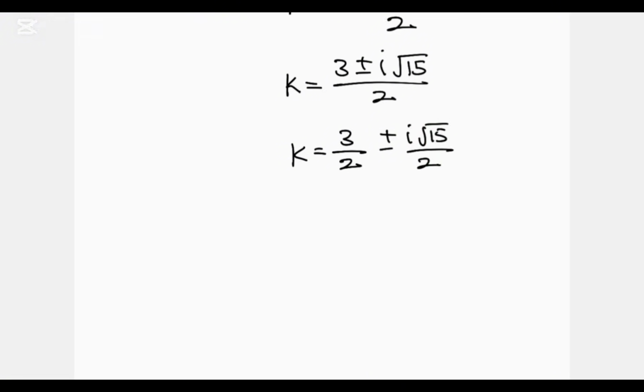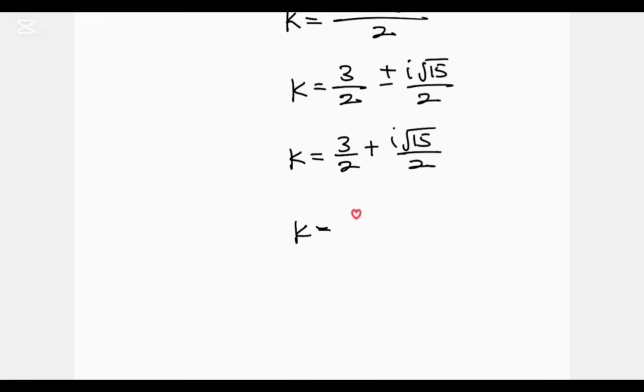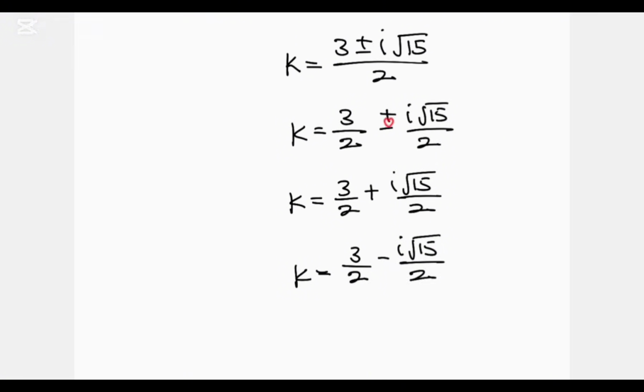Very good. Now there are two values of k from here. We have k to be 3 over 2 plus i times the square root of 15 over 2, and k to be equal to 3 over 2 minus i times the square root of 15 all over 2. So that is done by separating these signs here.